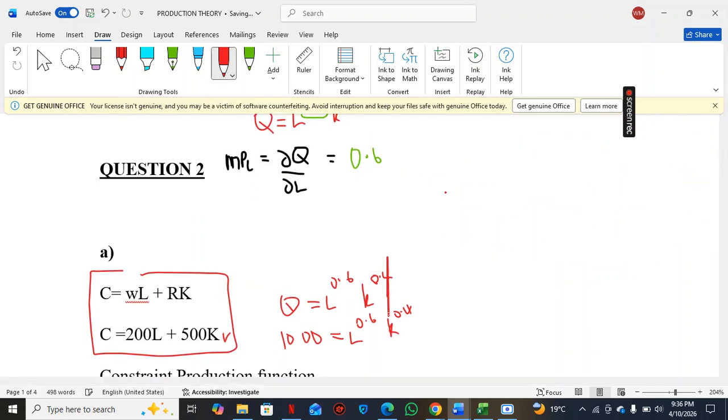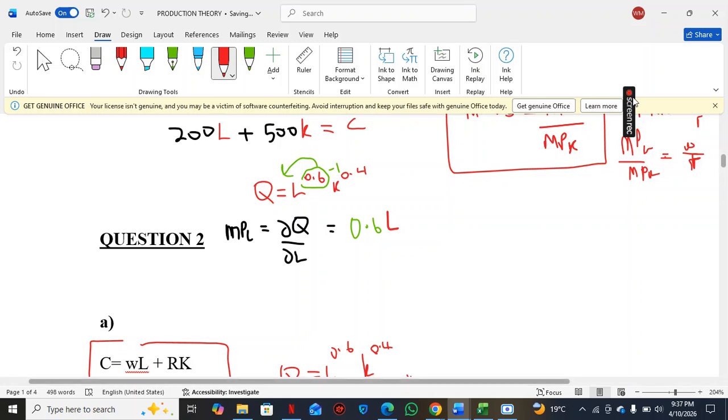You have L to the power negative 0.4 K to the power 0.4. Okay, colleagues, that's how we do partial differentiation.